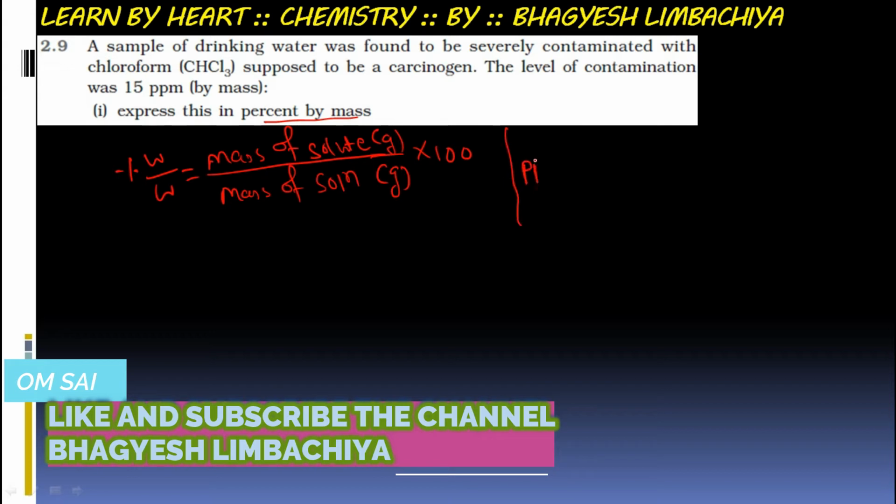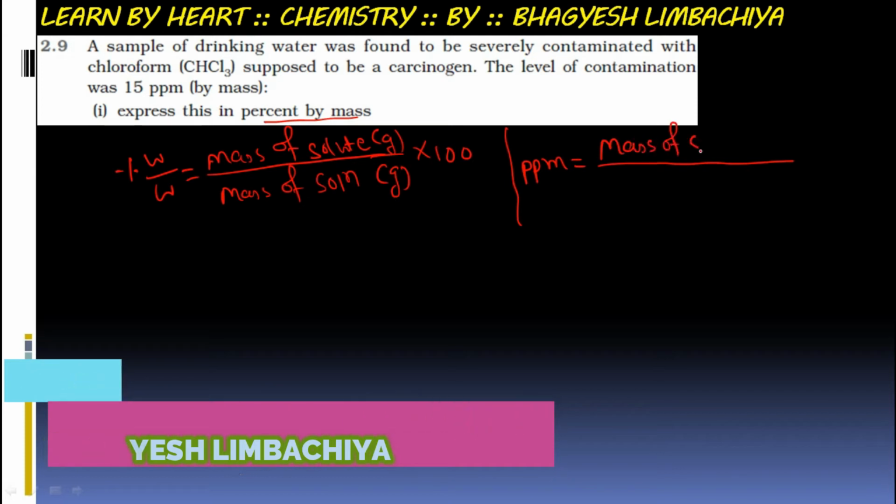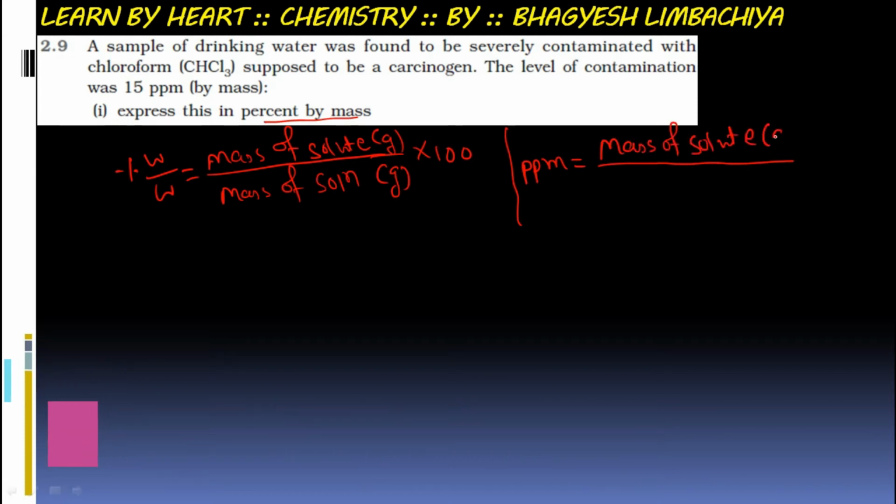Now ppm has formula: mass of solute in gram, mass of solution also in gram, and it is multiplied by 10 raised to 6.